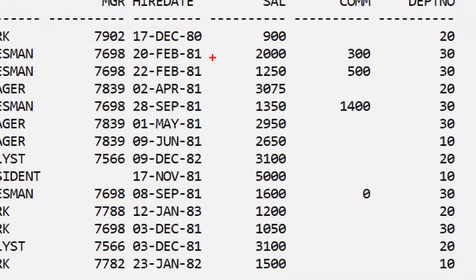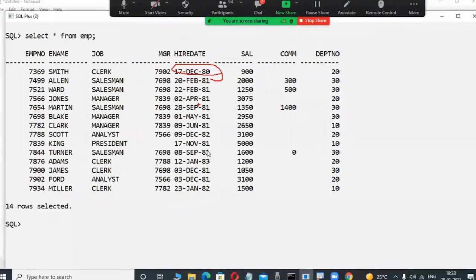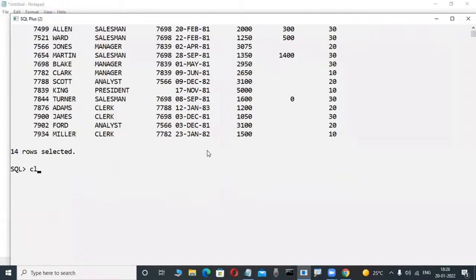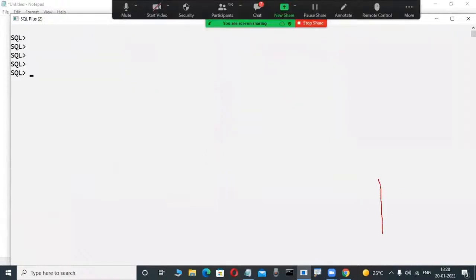I want to display the employees who joined before 1981. Those employee details I want in my project, so as an SQL programmer, somewhere the data is there. How do they fetch this data?